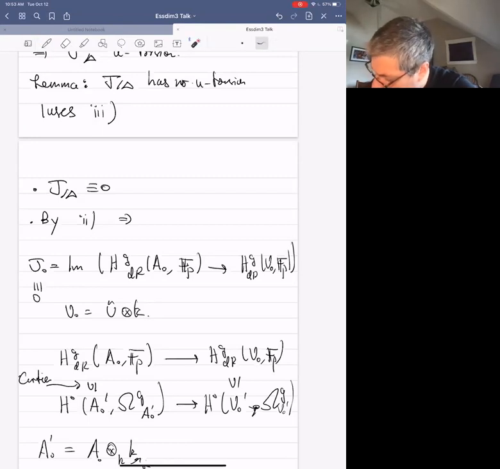Okay, that this can't be zero because it has a direct summand in this map, which involves restricting differentials on a Zariski open in characteristic P. Okay, so this is non-zero. It's not equal to zero. In fact, it's injective, right?